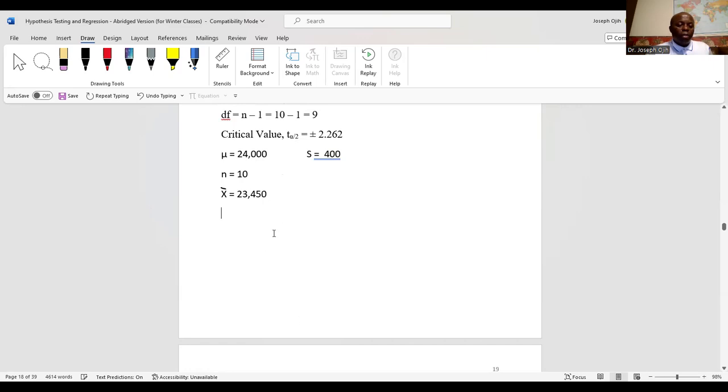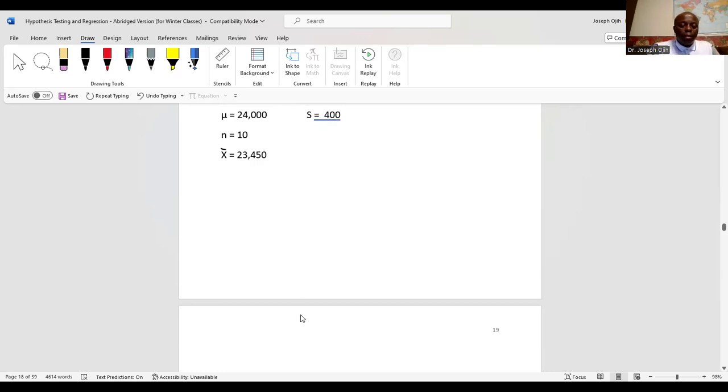Now to run the test, let me write this down. X bar is 23,450. The mean is 24,000. The sample standard deviation is 400. N is 10. Let's put this in the calculator to get our test statistic. Sorry, not in the other workbook, my mistake.